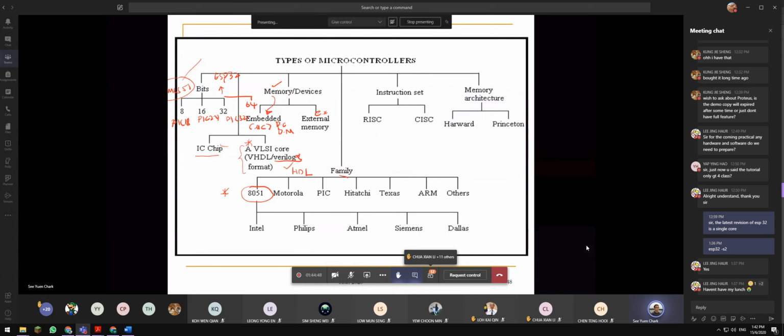Not popular as consumer electronics, but popular in industry. 8051 was actually started by Intel in the 1980s. Intel at that time thought that low power devices had no business in the market, so they gave up and stopped producing microcontrollers.